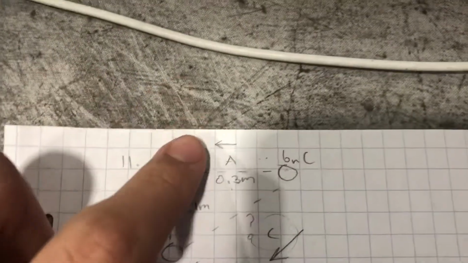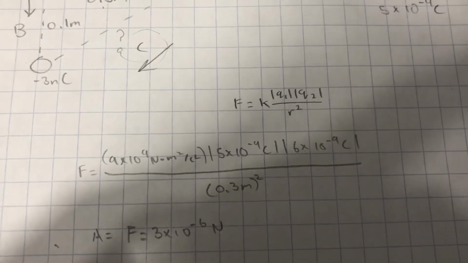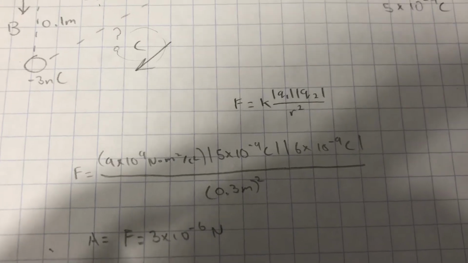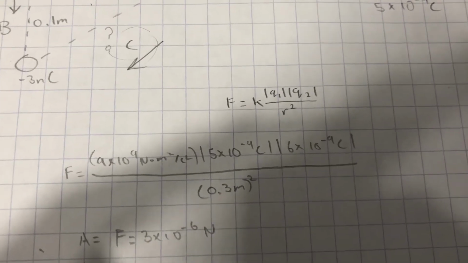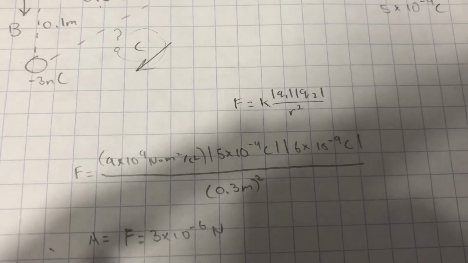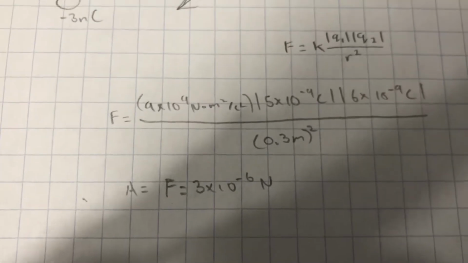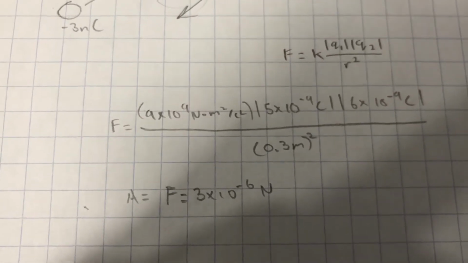And so first, I wanted to look for the top one, charge A. And so we get the equation, force equals 9 times 10 to the 9 newtons times meters squared over coulomb squared, which is the constant for all of them, times 5NC times 6NC, absolute value of both of them, over the radius squared. And so for A, we get the force is 3 times 10 to the negative 6 newtons.